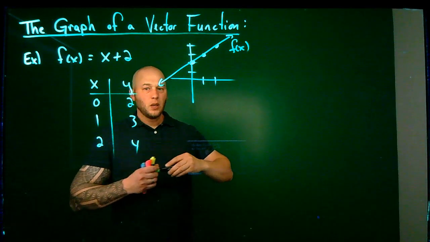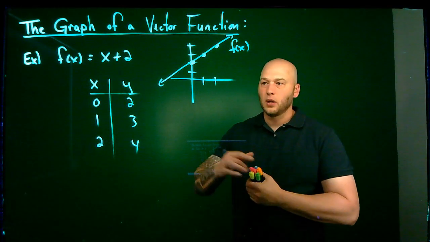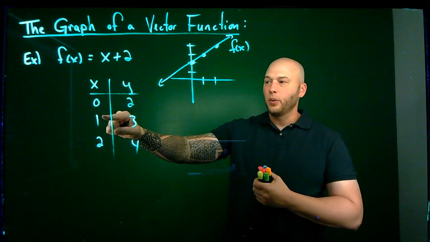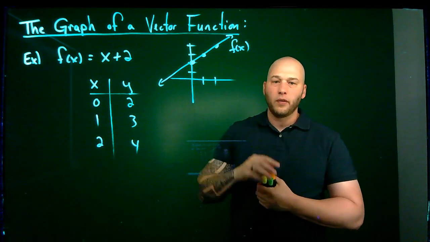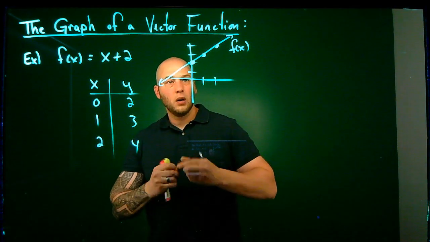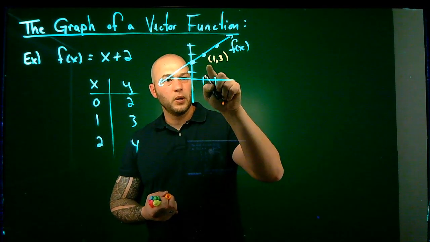In other words, I'm plotting two pieces of information, the input and the output. The input of 0, output of 2. Input of 1, output of 3. So this point right here is over 1, up 3. So my input comma my output.